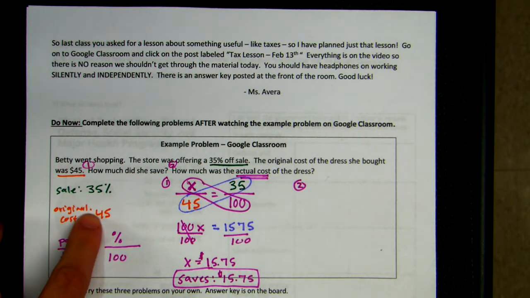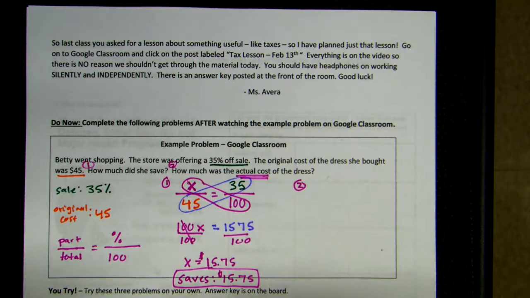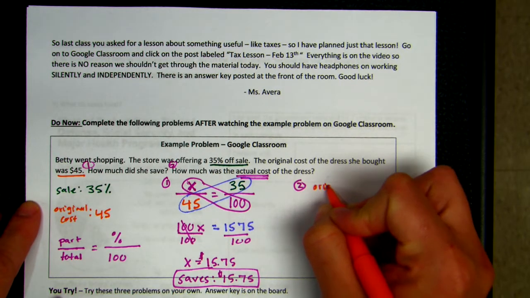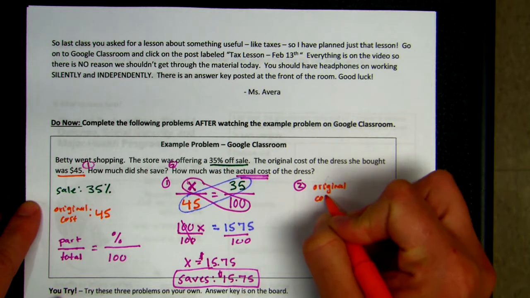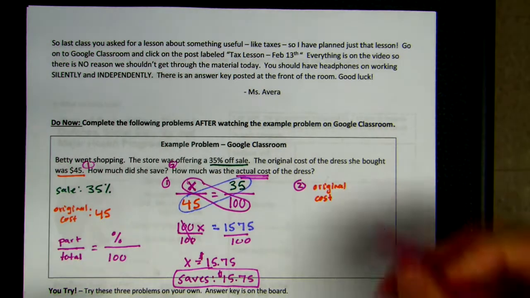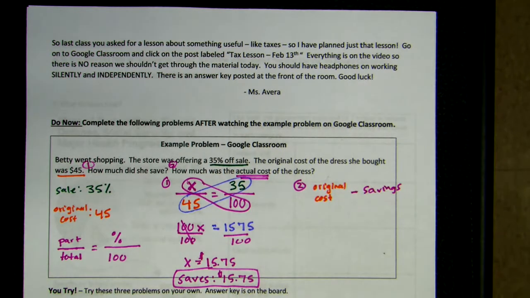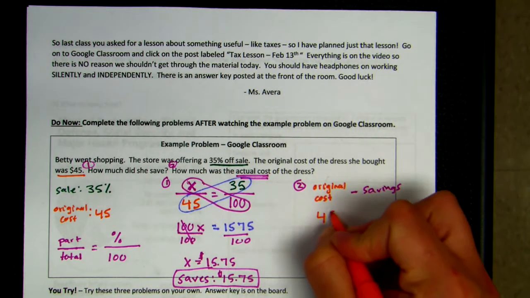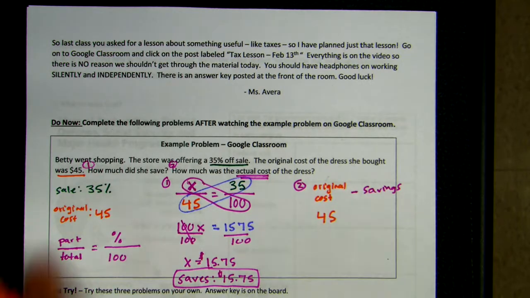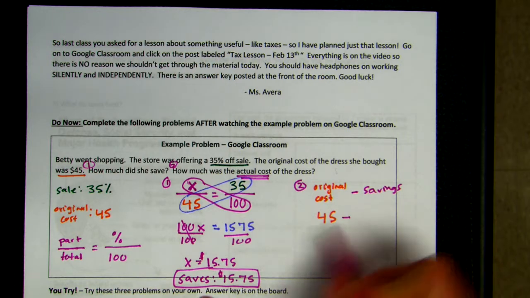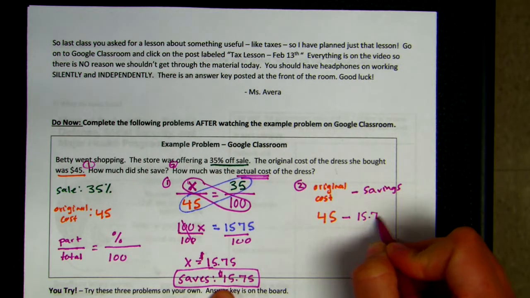So we know the original cost was $45, right? We know that the dress originally cost $45. So we're doing our original cost minus our savings. So my original cost of 45, the total cost of the dress, minus the amount of savings, which is 15.75.